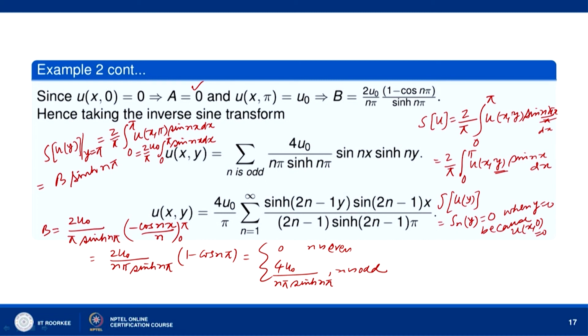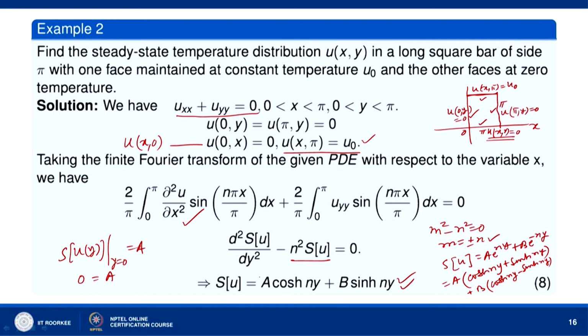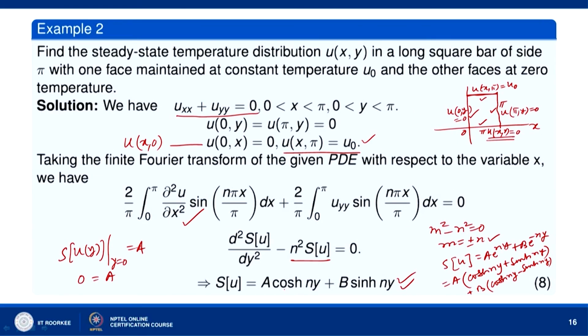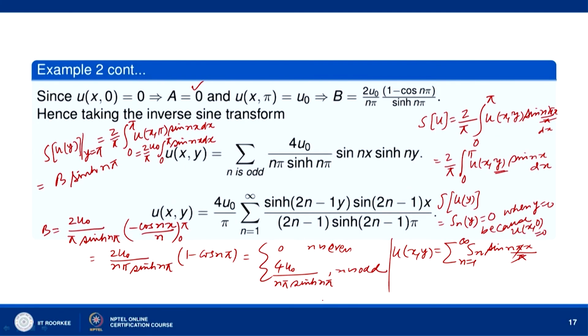So, u(x, y) will be equal to, we take the inverse finite transform, to write u(x, y) equal to sigma n equal to 1 to infinity S_n sin(n pi x over pi), so sin(nx). S_n is this value, B sinh(n y), and B we have found here.